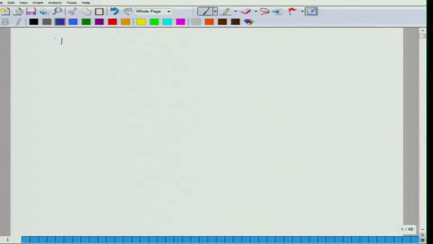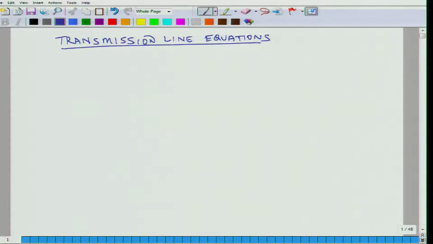So we are going to discuss transmission line equations. And once again, they represent the solution of 1D pressure and velocity wave equations.